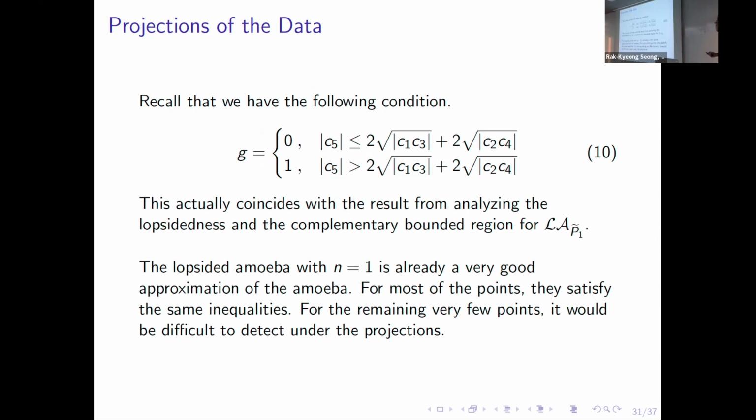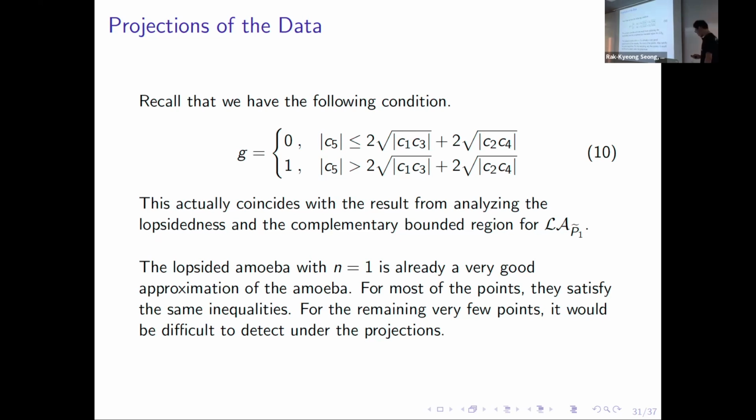You can also get this by analyzing the lopsidedness and complementary bounded region for this LA. The reason that we cannot get a more precise condition for the actual amoeba is that at n equal to 1, it's already a very good approximation. So at least I cannot think of a set of coefficients such that the genus will change. Of course there would be, but it would be very rare that the genus is different.